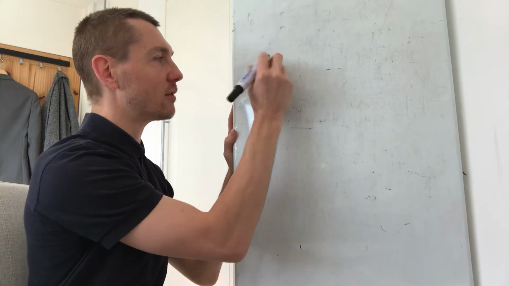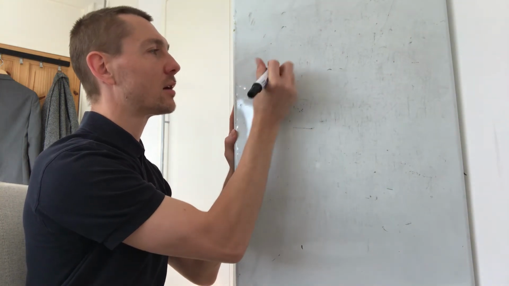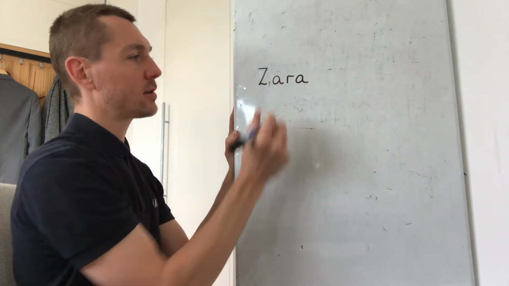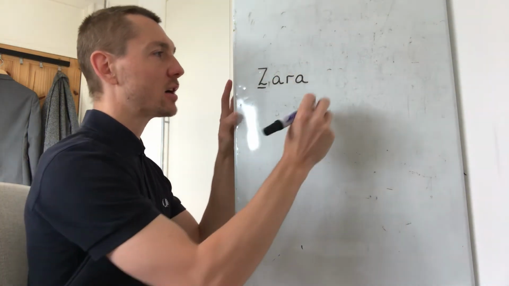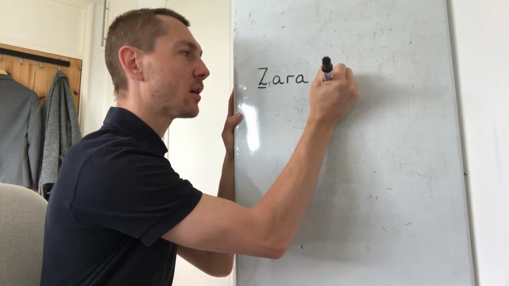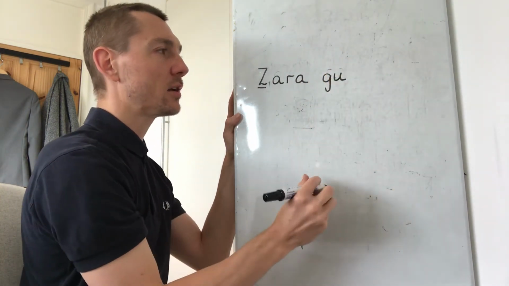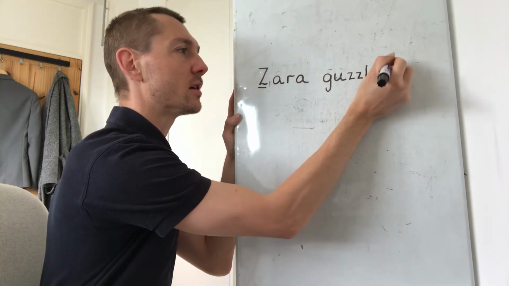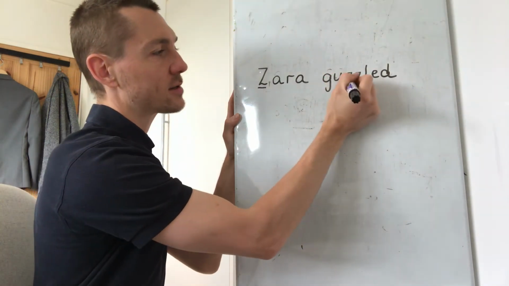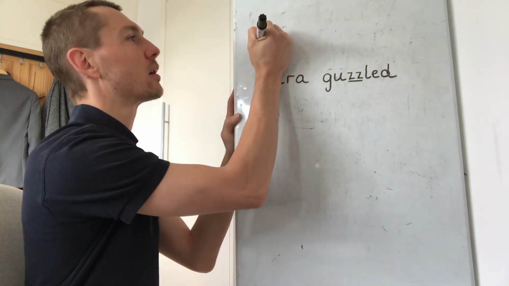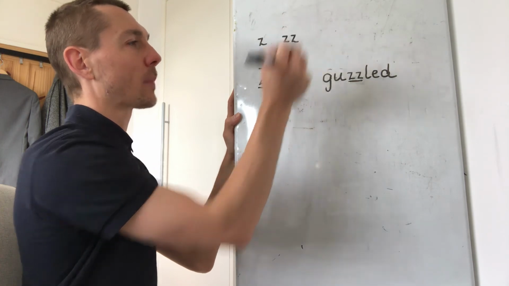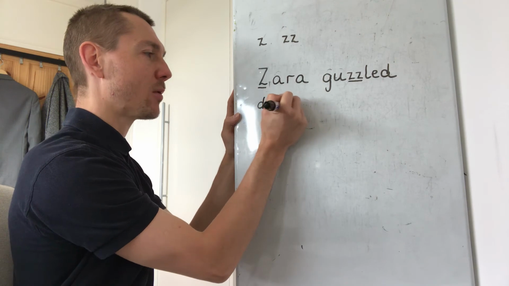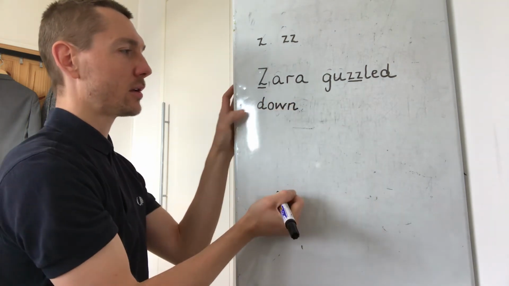Okay, Zara. Z, R. Zara. Guzzled. G, A, G, Z, D. Down, d, ow, down.